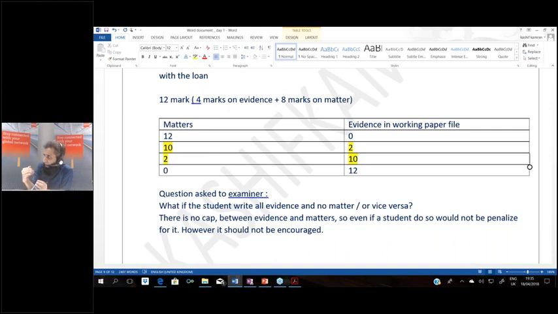Because the examiner is saying it's not encouraged, I cannot encourage it. So write something more, something less, and vice versa, but don't write zero. But even if you do so, will the examiner penalize you for that?